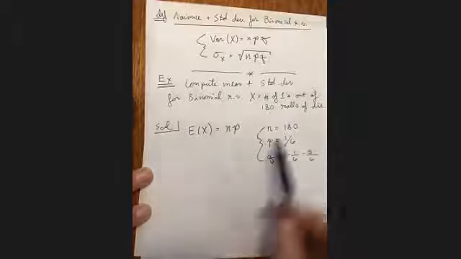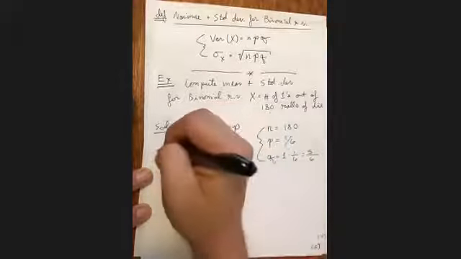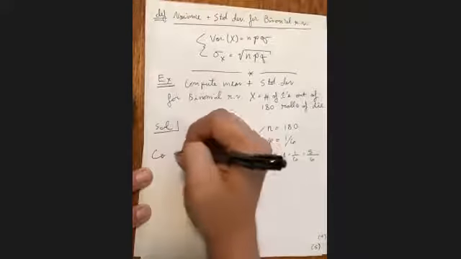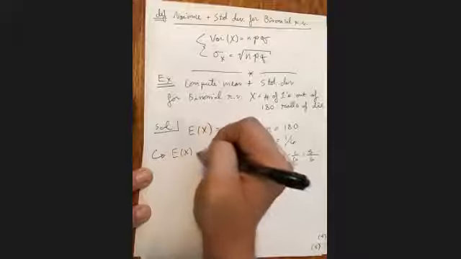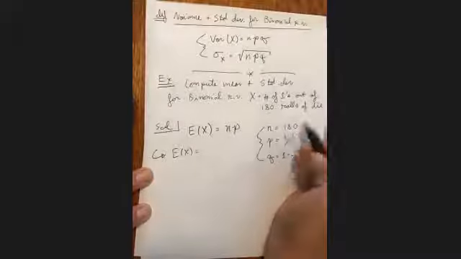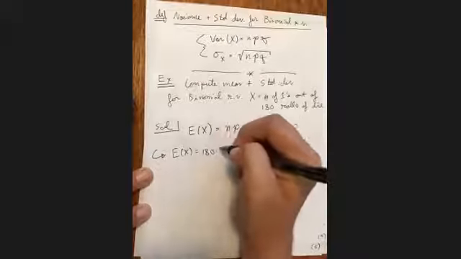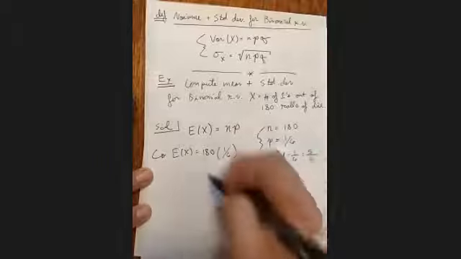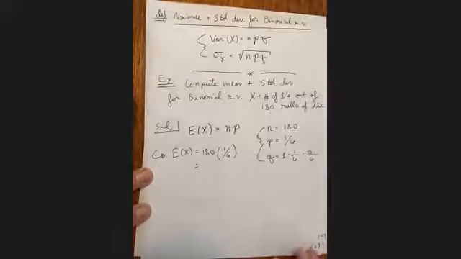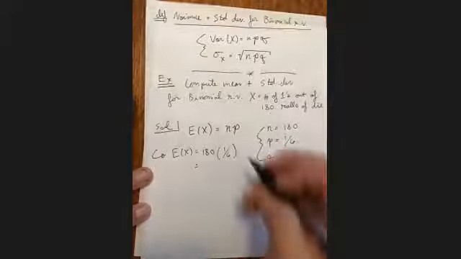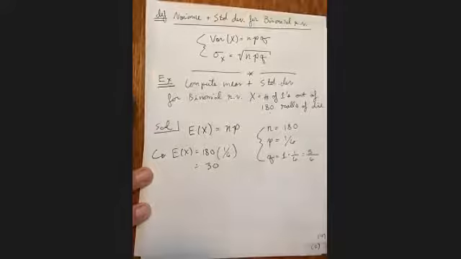Now, to get the expected value, we take n and multiply by p. So that will tell us that the expected value for this random variable is 180 times 1/6, which should be 30. Yep.